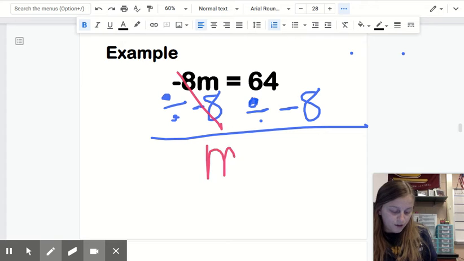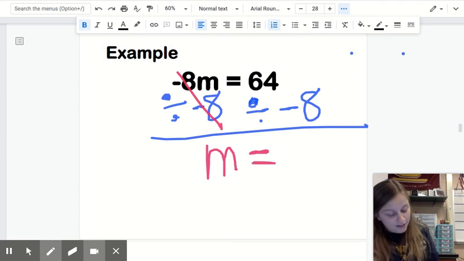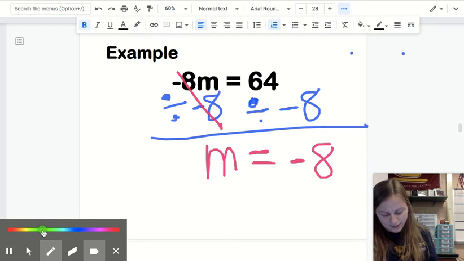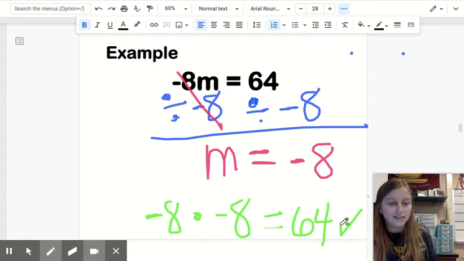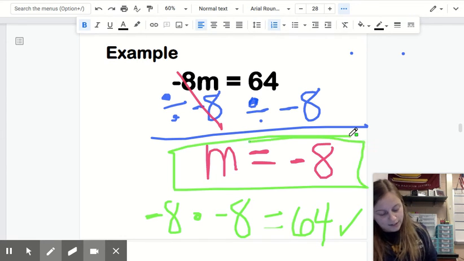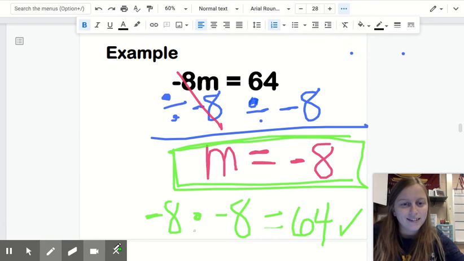I'm just left with the variable m. And then 64 divided by negative 8 is going to give me a negative 8. I can check my answer and say, negative 8 times negative 8, does that equal 64? It does, which means my answer is correct. m equals negative 8.